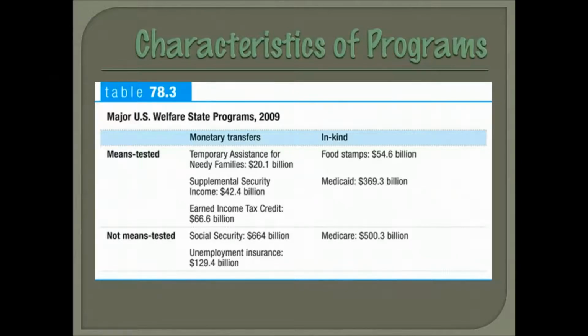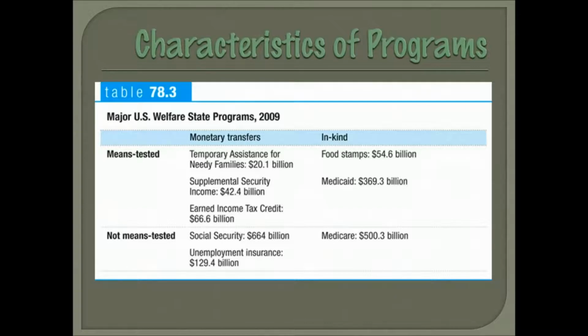These programs are only available to people who have a certain income level, as opposed to programs that are not means tested, like Social Security, Medicare, or unemployment, where it doesn't matter how much income you had. If you are over the age of 67, you get Social Security. If you're over the age of 67, you get Medicare. If you're unemployed and looking for a job, you get unemployment insurance. It doesn't matter if last week you were earning $1 million as a CEO or not.